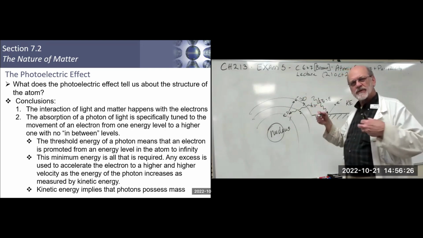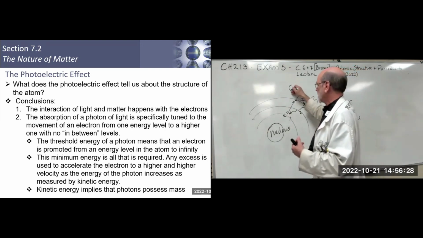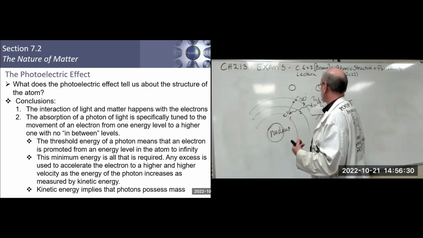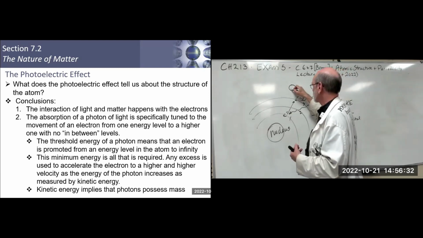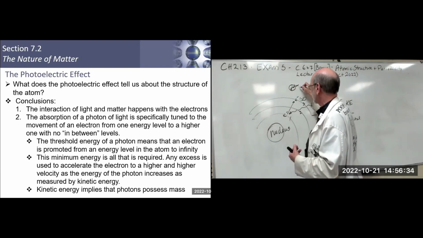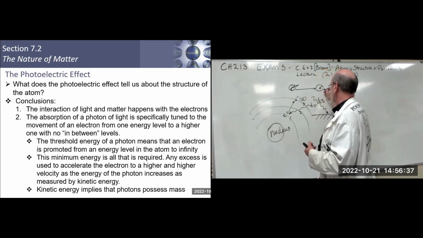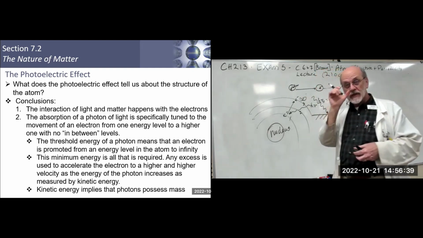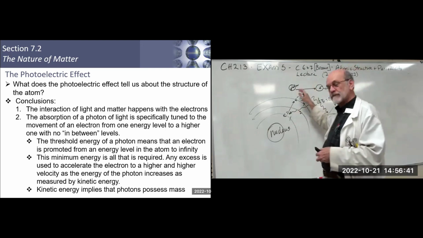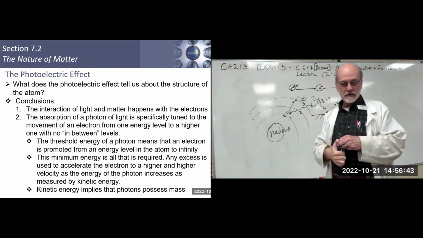And if you take the simplest possible example, right, if this is the electron and this is the photon, when it bangs into that electron, it transfers energy to the electron. That's why we're saying that that photon has mass.